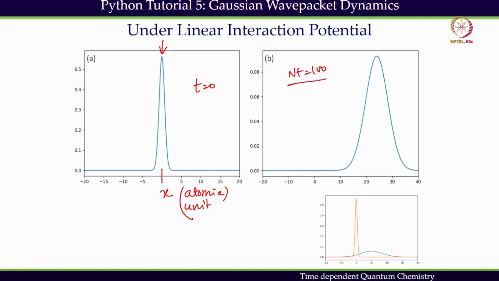So we see that for nt equal to 100, this is centered almost at 25 atomic units, whereas for the free particle we found it was centered at 10 atomic units.